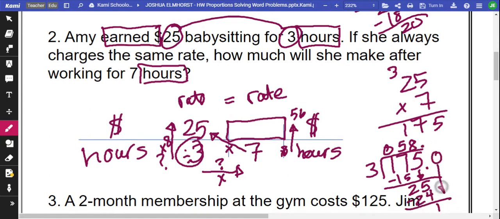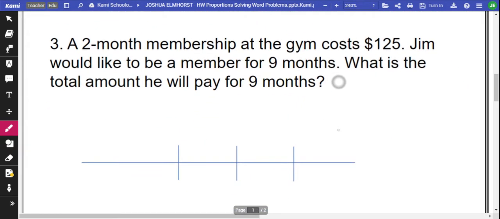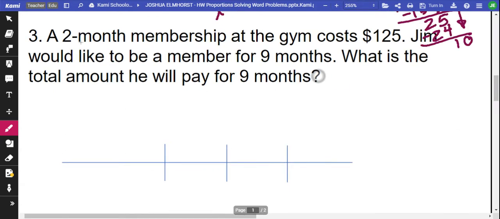Bring a decimal in, bring it down, and 3 goes in there 3 times. So the actual cost is $58.33, but this was the estimate of $56 over here. So 7 times 8 is 56, but this would be $58.33. So last example on the front side of this assignment, we're going to look at months and then cost.